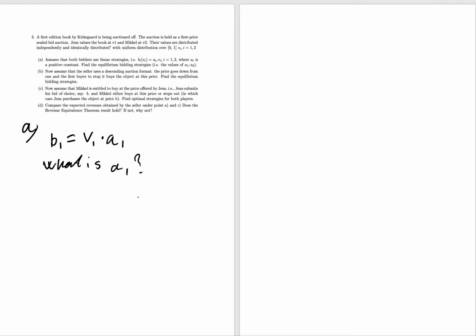So this is essentially the question. What is A1? And what he wants is to maximize his expected profits. Both of our players are drawing from a uniform distribution between 0 and 1. And since both of them are drawing from the same one, and both of them are using a linear bidding strategy, both of their strategies are going to be exactly the same, which means we have symmetry.